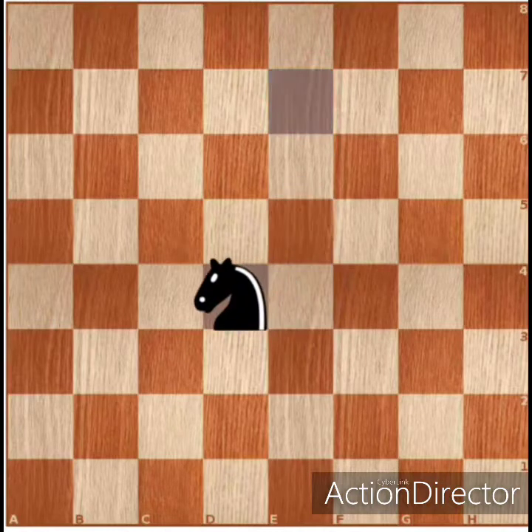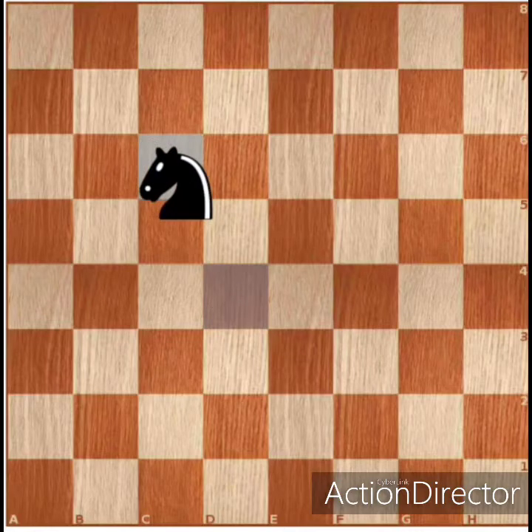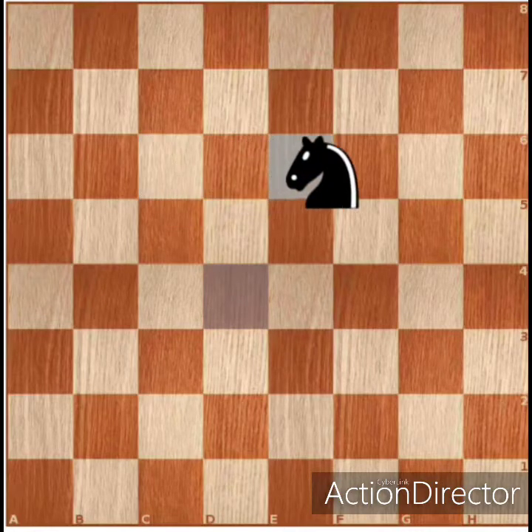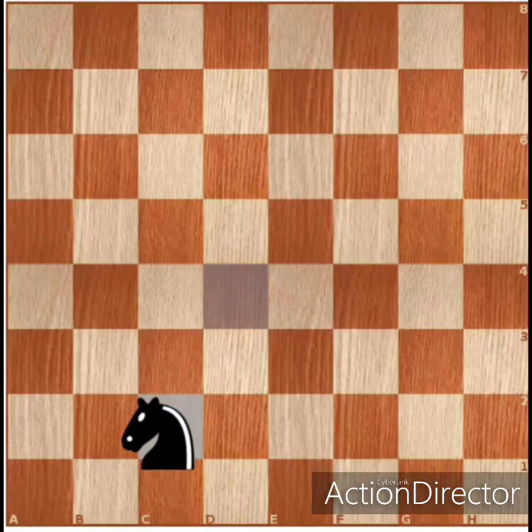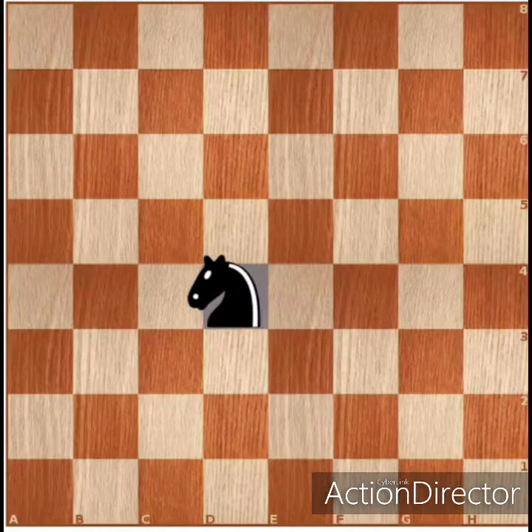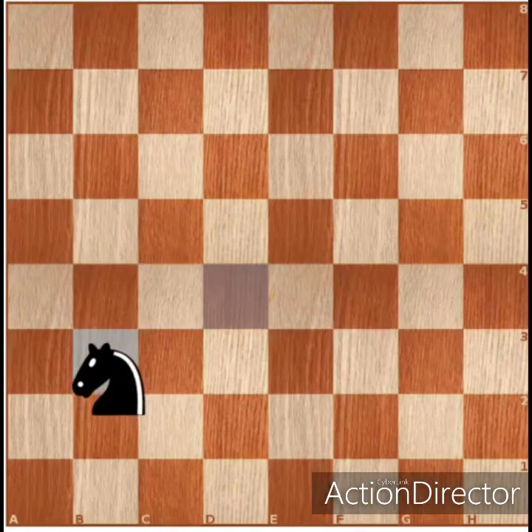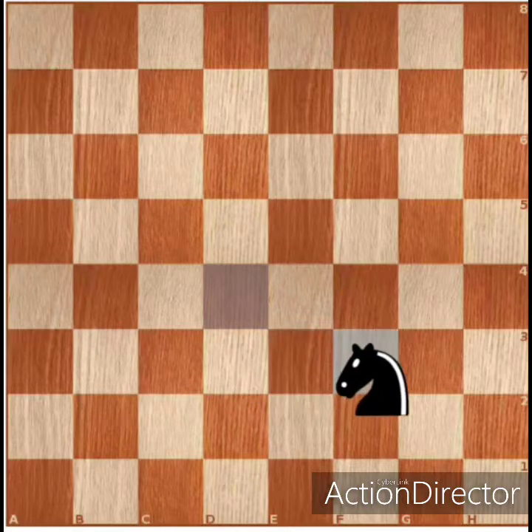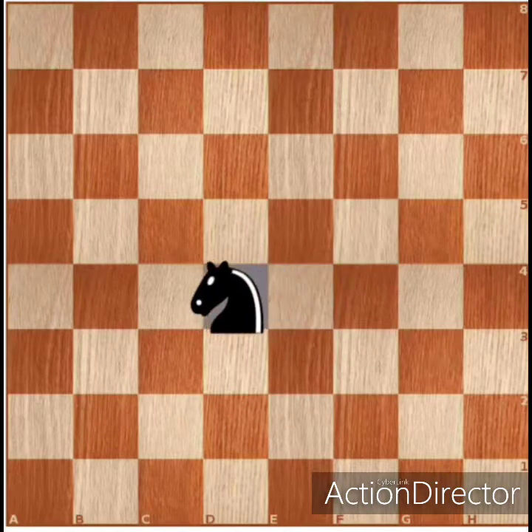Now if the knight is placed on the central squares, then the knight can jump to many squares, like c6, e6, c2, e2, b5, b3, f3 and f5.